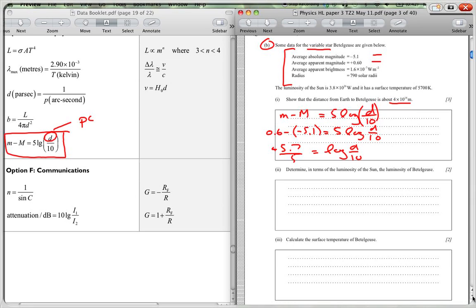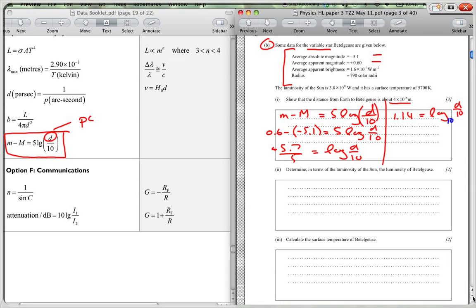When I do the calculation there, I get that 5.7 divided by 5 is equal to 1.14, which is equal to the log d over 10. Now I've got to change this from log form into exponential form, base 10.